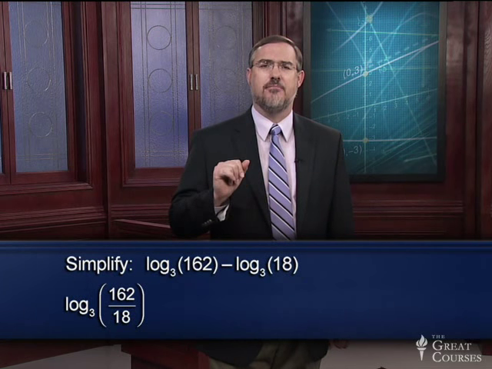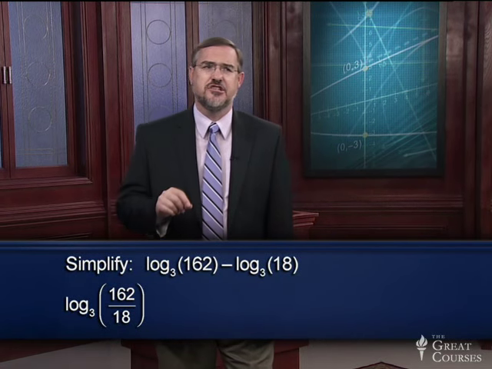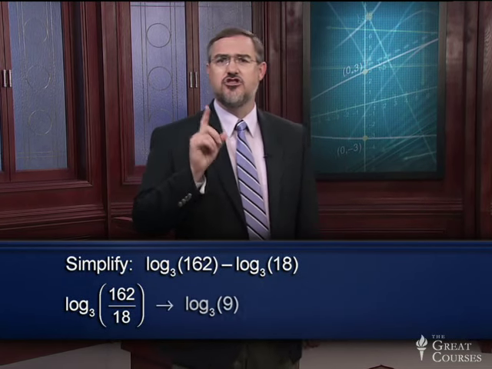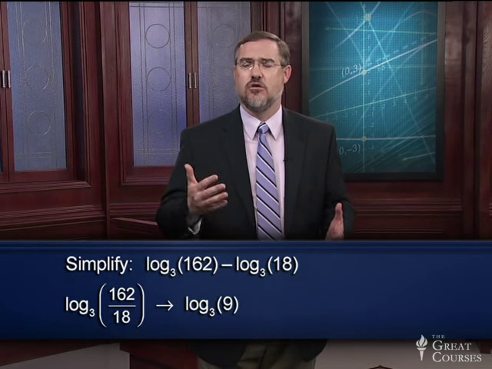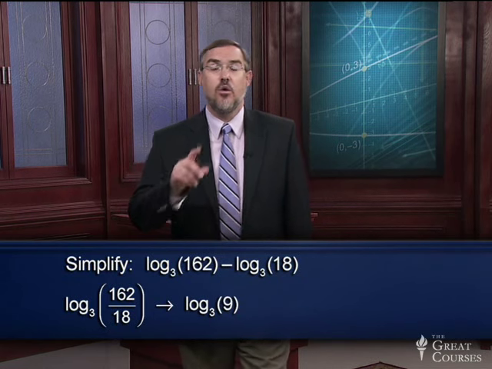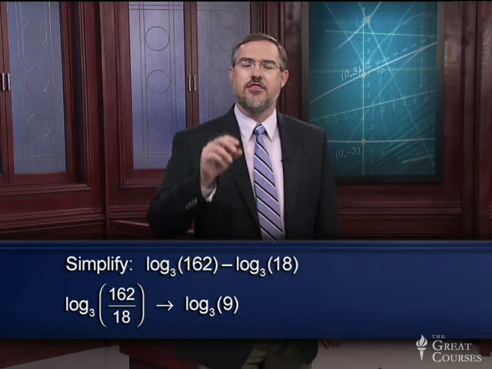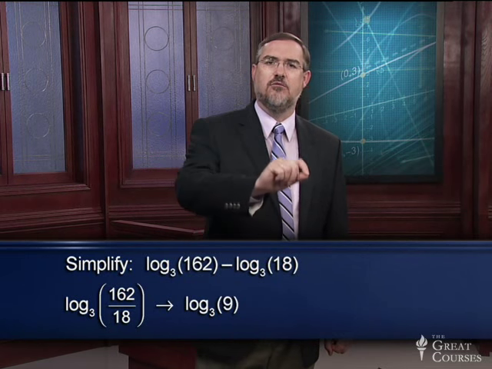So that's the second property I shared with you earlier. And now I can simplify 162 divided by 18. That's just 9, if you just do some long division or however you want to work through that. And log base 3 of 9, we can simplify that even further because I know that 3 to the second power equals 9.